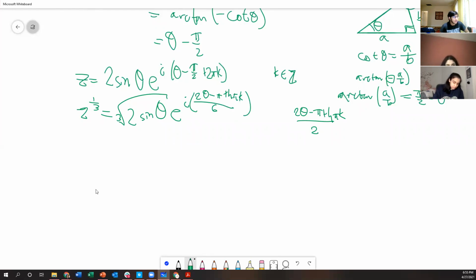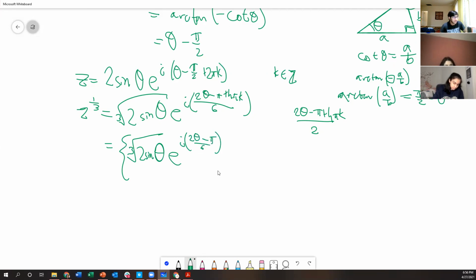Okay? And of course, we need to test out those values. So the first value is going to be the cube root of 2 sine theta. If we plug in k equals 0 here, we're going to get 2 theta minus pi over 6. e to the i, 2 theta minus pi over 6.